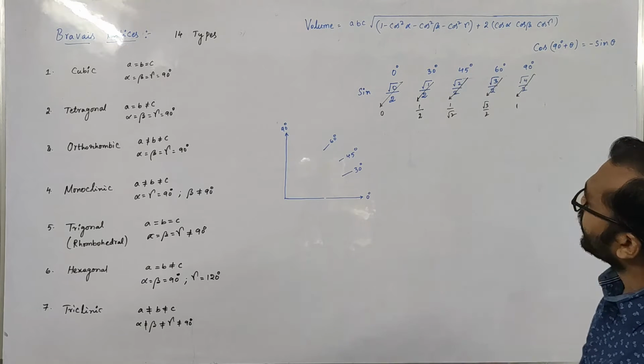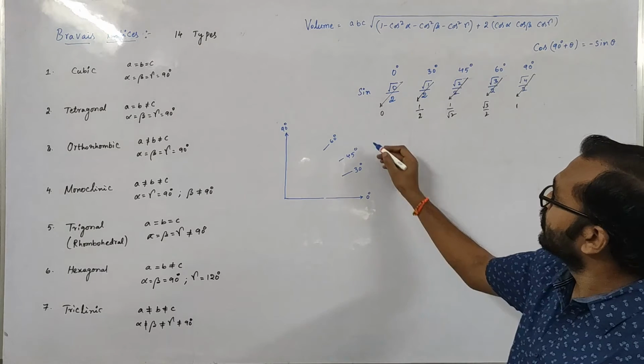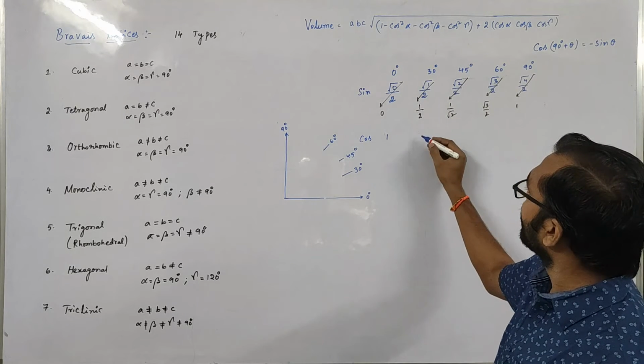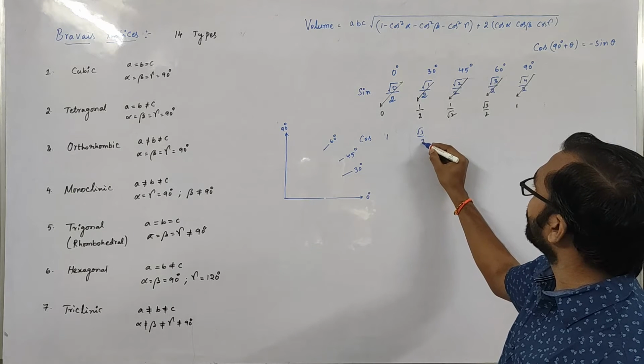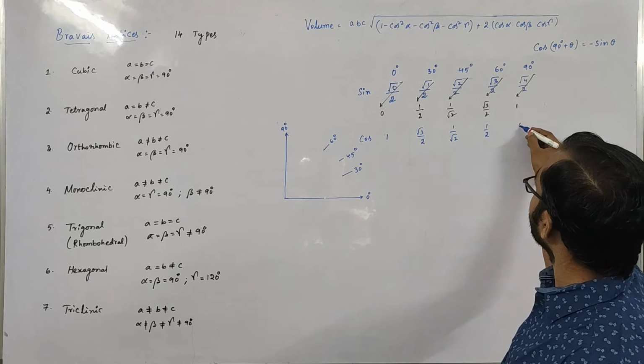This is sin. Now what about cos? Cos is 1, root 3 by 2, 1 by root 2, 1 by 2, 0.